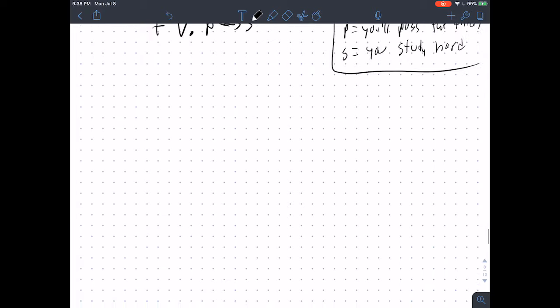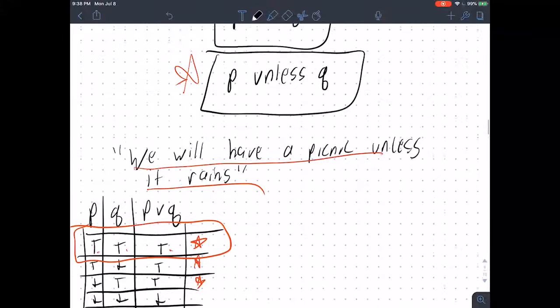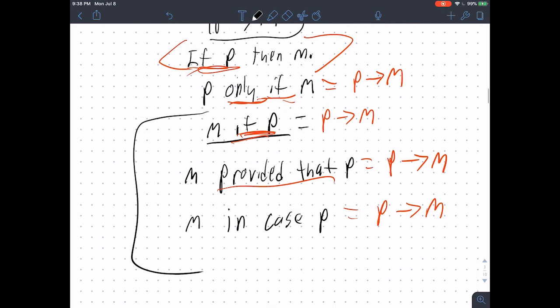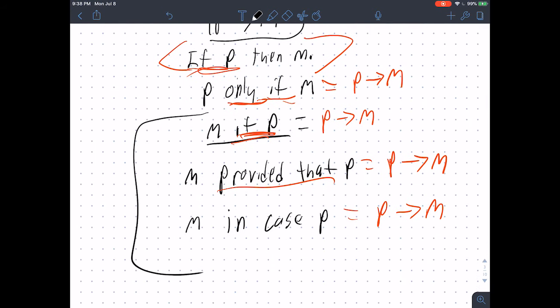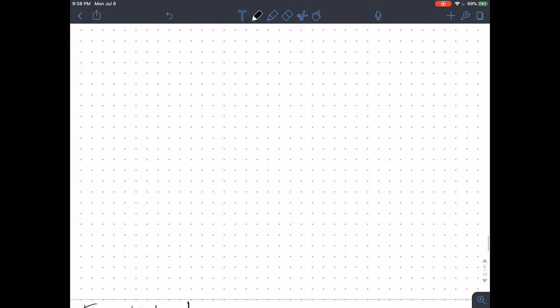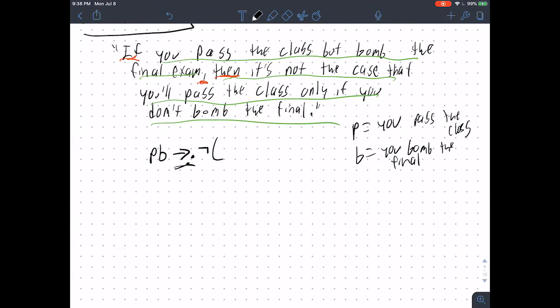So remember, only if, scrolling up, is a conditional. If we have P only if Q, we would translate that the same way we would translate if P then Q. So we have, it's not the case that you'll pass the class only if you don't bomb the final.